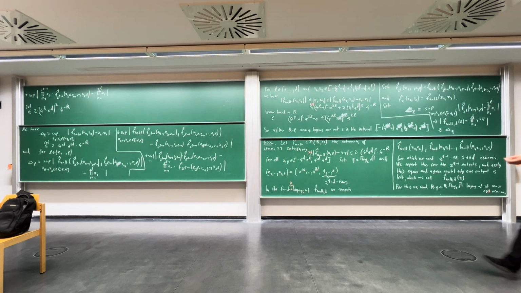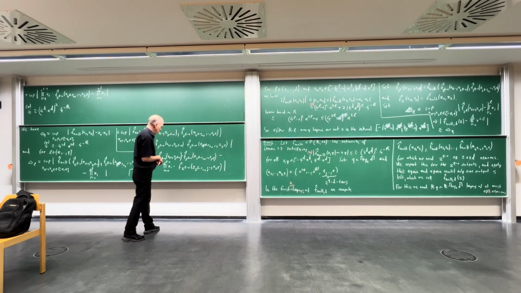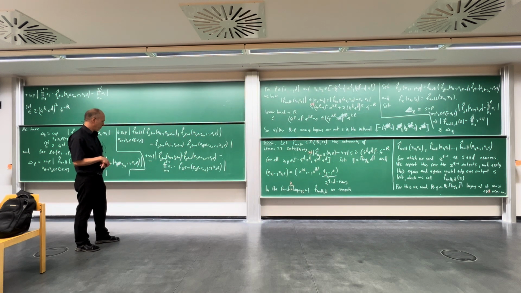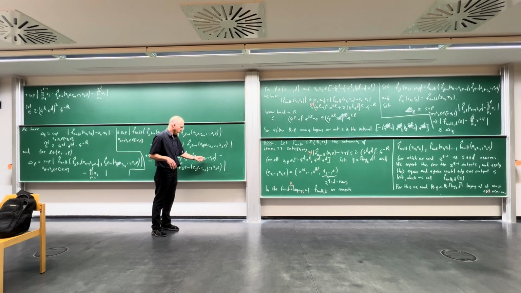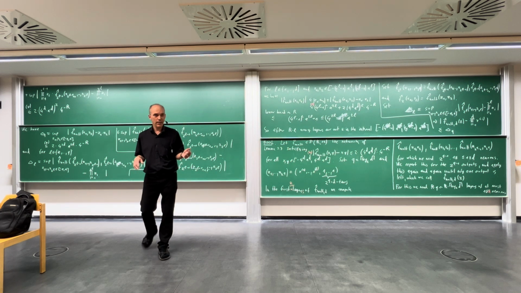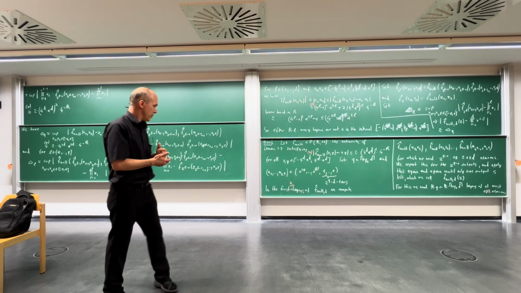Well, what did you do here? You group and multiply, how often? You have an interval, you computed a product of 2 to the power L minus 1 many elements.